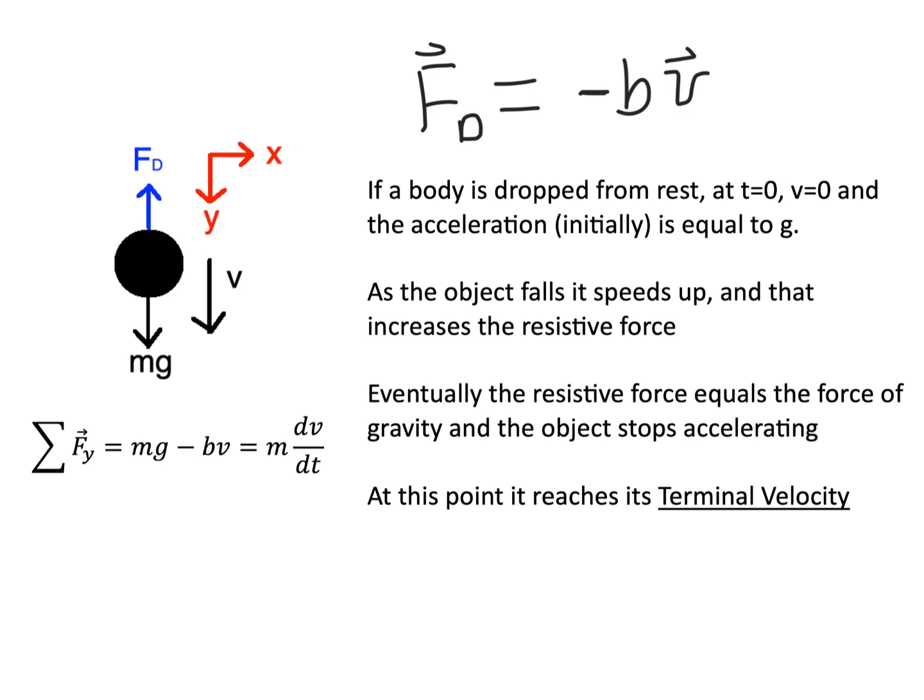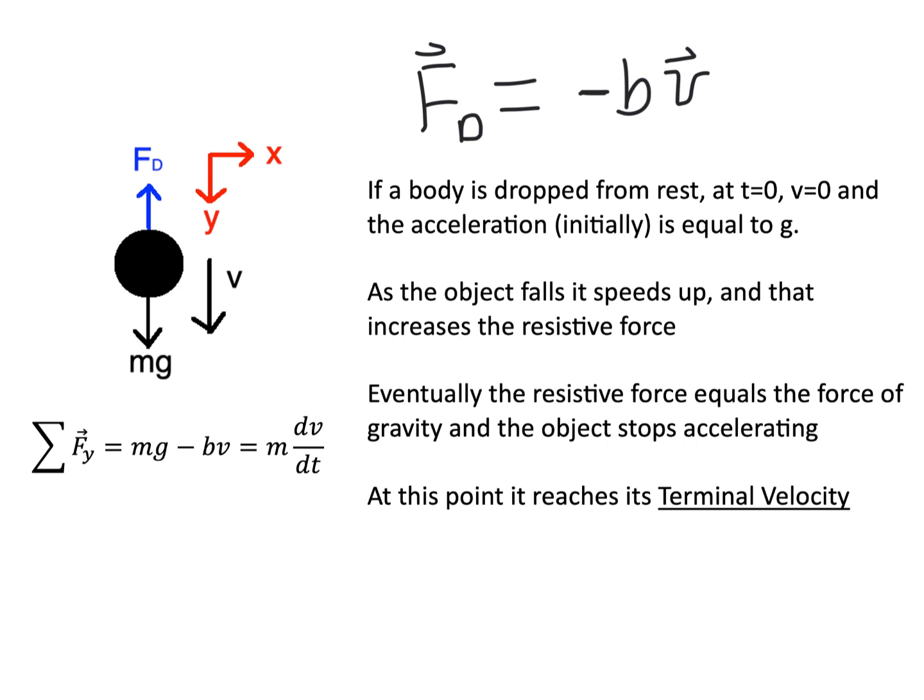It would be different, say, for water than it would be for air. The other thing it depends on is the shape of the object passing through, how much surface area is impacting the air as it passes through it. Typically, the more area that is catching the air, the bigger the resistive force is going to be.